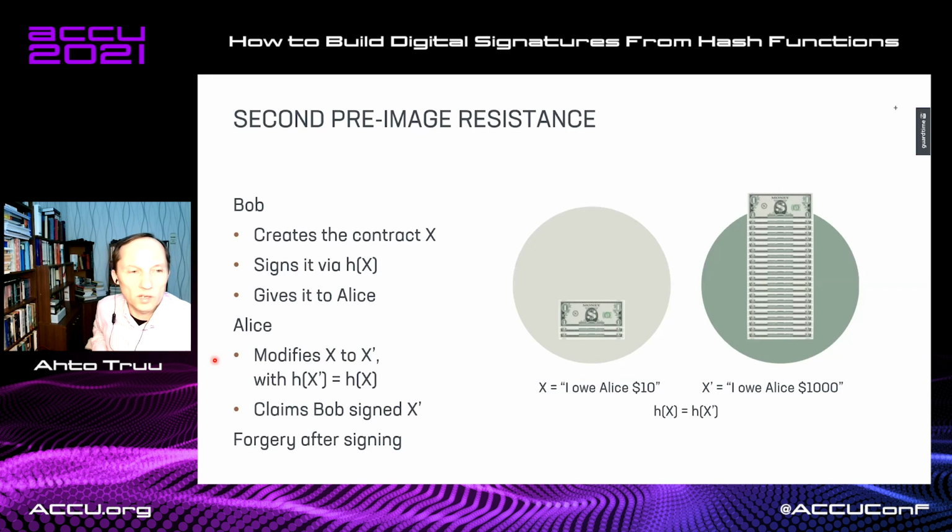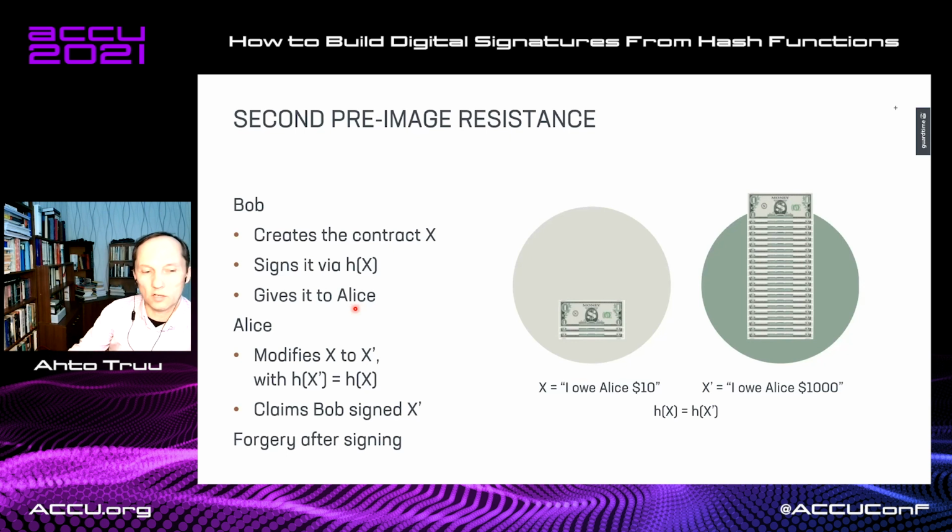So consider the story where Bob wants to get some money from Alice, and writes an IOU note. Bob creates a contract which says that I owe Alice $10 and signs it by first hashing the contract and then signing the hash value, and then gives the signed contract to Alice, and then Alice gives Bob the money.